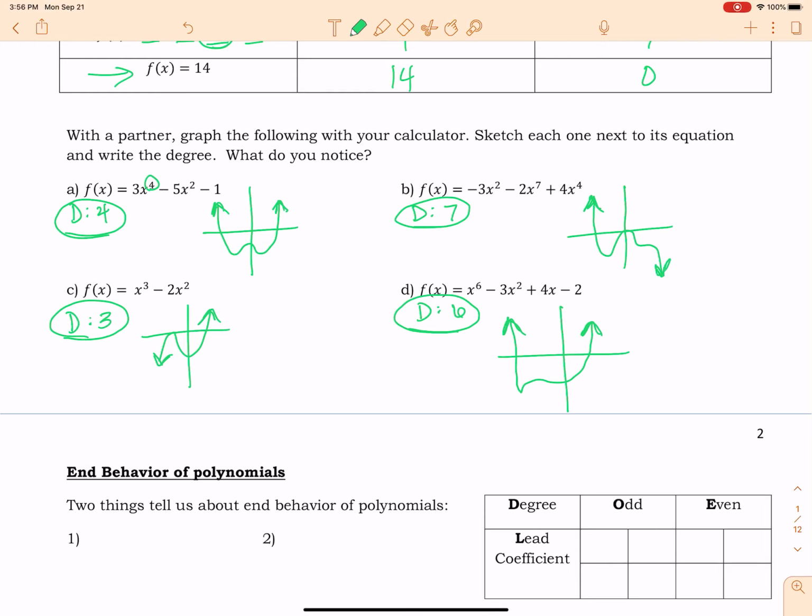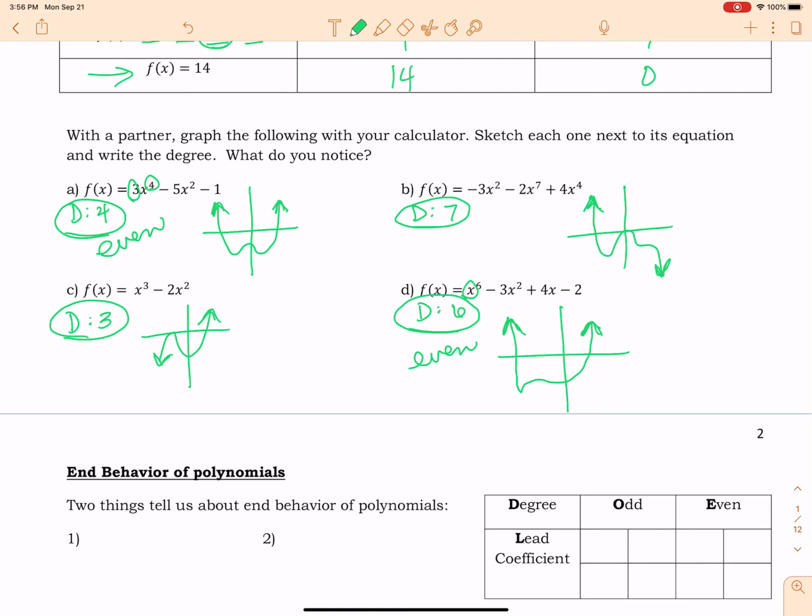Hopefully you notice that when we have an even degree, up, up, the even just tells you that the end behavior goes in the same direction. Why are both of these up, up? Because my leading coefficient is positive. So if we'd had an even degree on both of these and negatives for our leading coefficients, guess what? The end behavior would have been down, down.